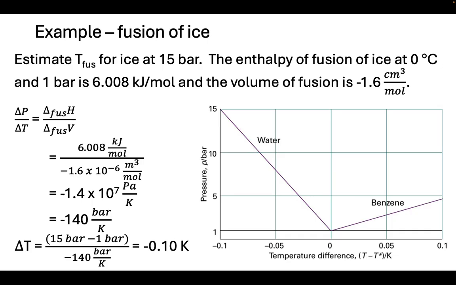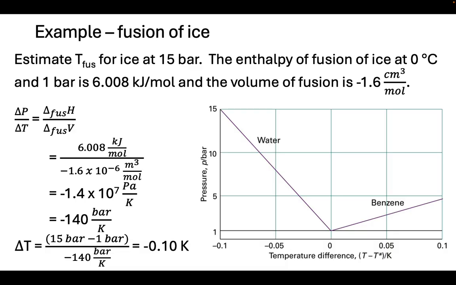So let's calculate the temperature at which water freezes at 15 bar, rather than 1 bar. What is it at high pressure? At normal conditions, 1 bar, it freezes at 0 degrees Celsius. And the enthalpy of fusion is 6 kilojoules per mole, which you get from calorimetry just by seeing how much heat it takes to melt ice.